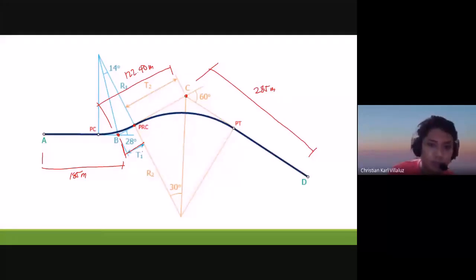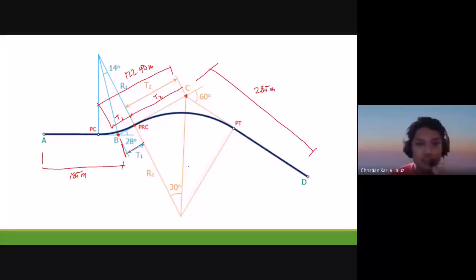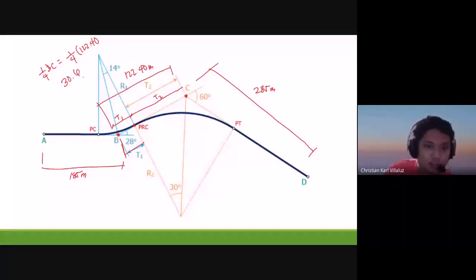So, right there, we can already identify the separate tangents of the reverse curve, since the common tangent is just the sum of the two tangents of the reverse curve. 1/4 of BC is 1/4 of 122.4, which is 30.6. Therefore, tangent 1 is 30.6.